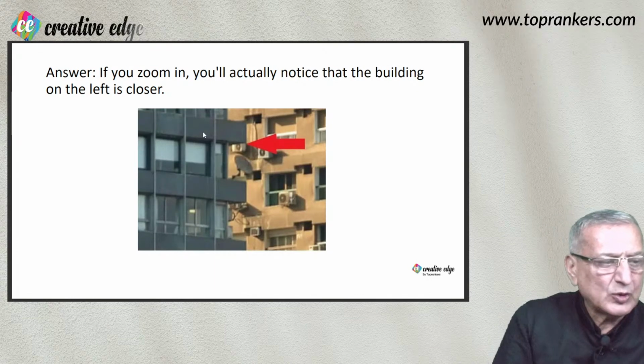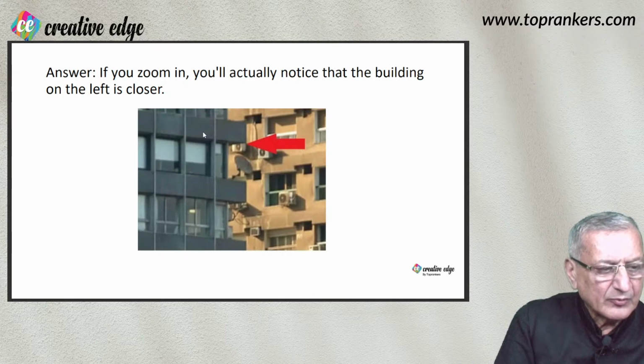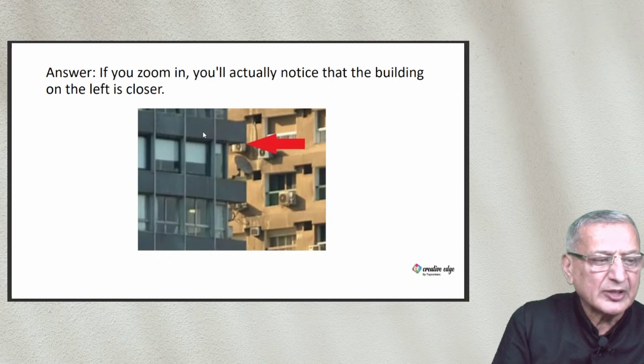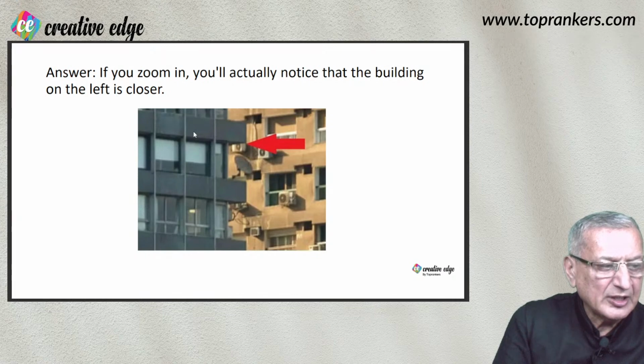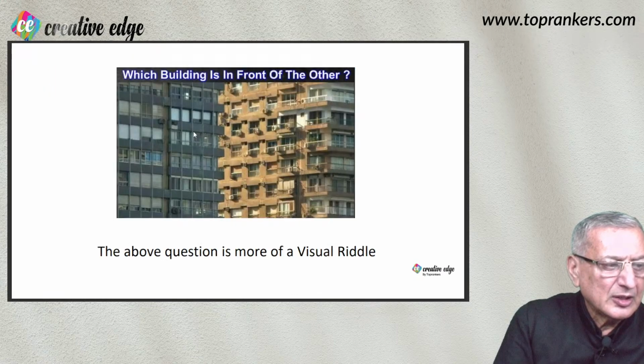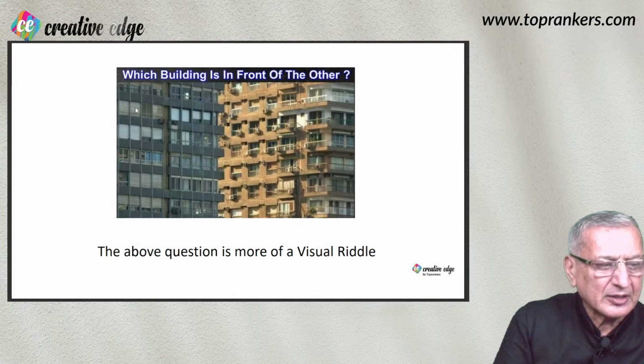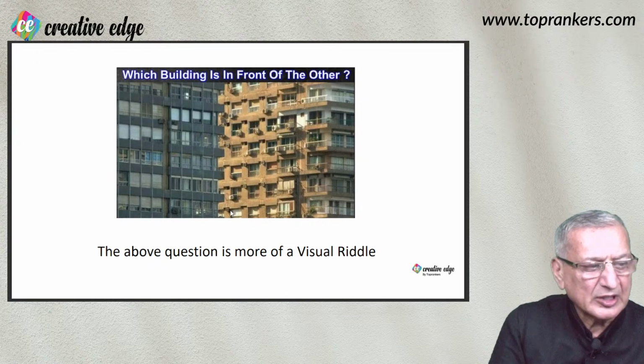What happens in a two-dimension picture wherein there is a three-dimension presentation? Only the color can give a difference. Now this grey or black color building was looking as if it is at the back, and the brown or lighter color building was looking in the front.